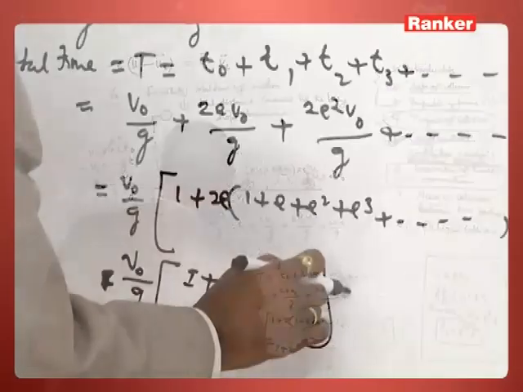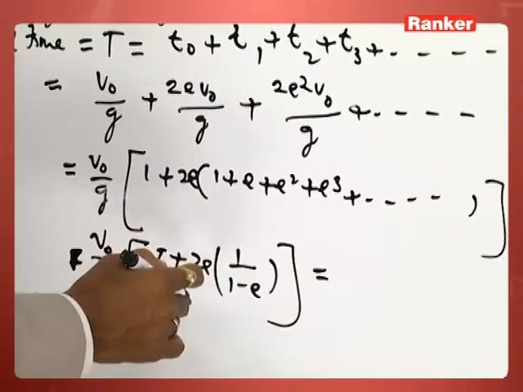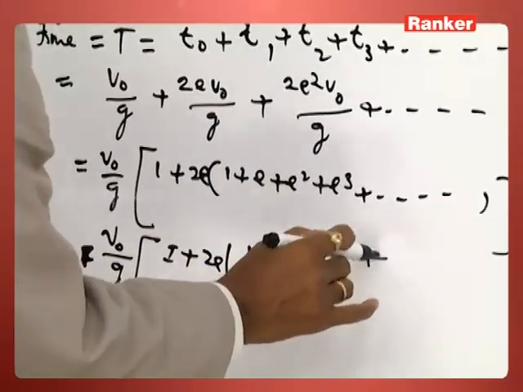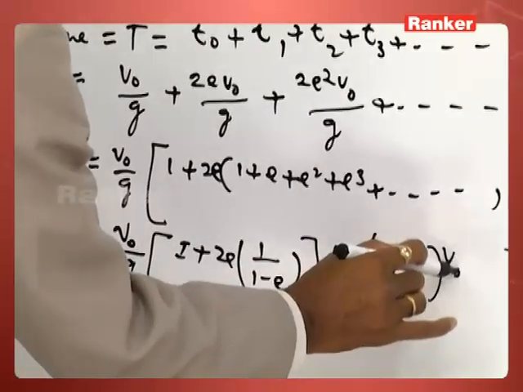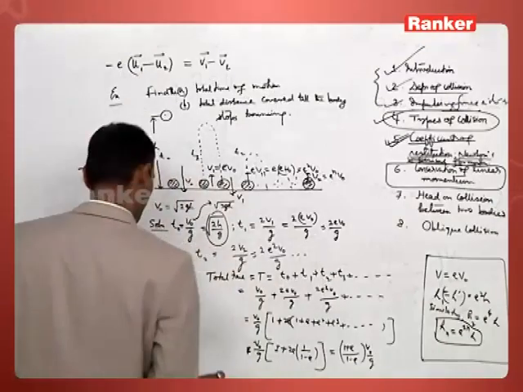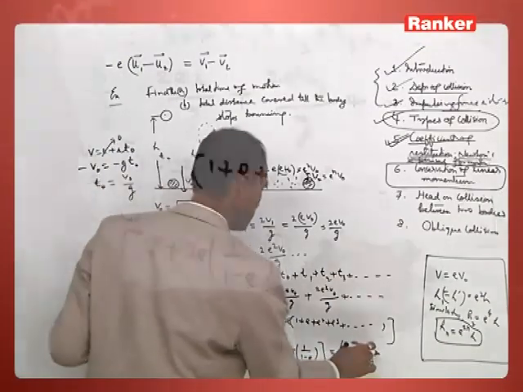So you will get 1 minus e plus 2e, that is 1 plus e by 1 minus e into v0 by g, where v0 is equal to square root of 2gh.